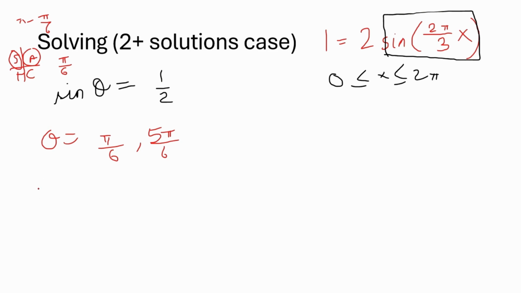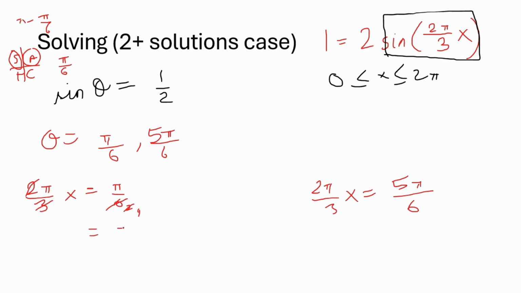Okay, so now we get 2 pi over 3 x equals pi over 6, and 2 pi over 3 x equals 5 pi over 6. If we multiply both sides by 3, we get pi over 2, and divide by 2, we get pi over 4.